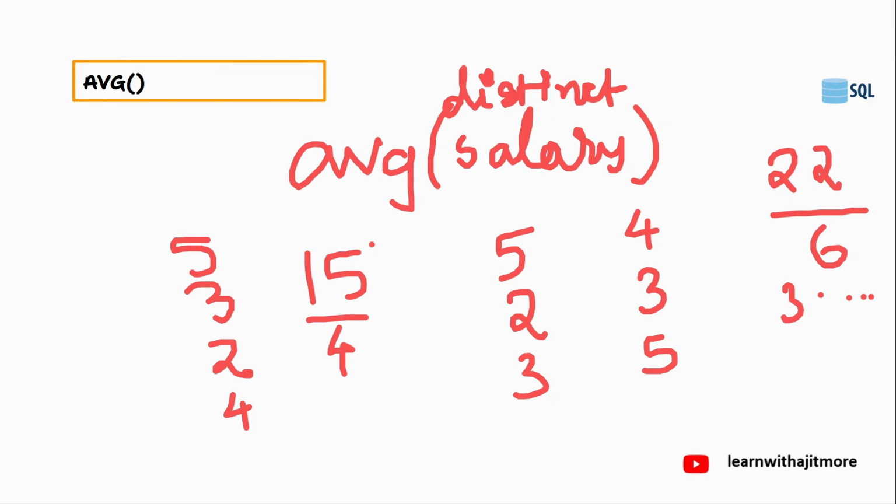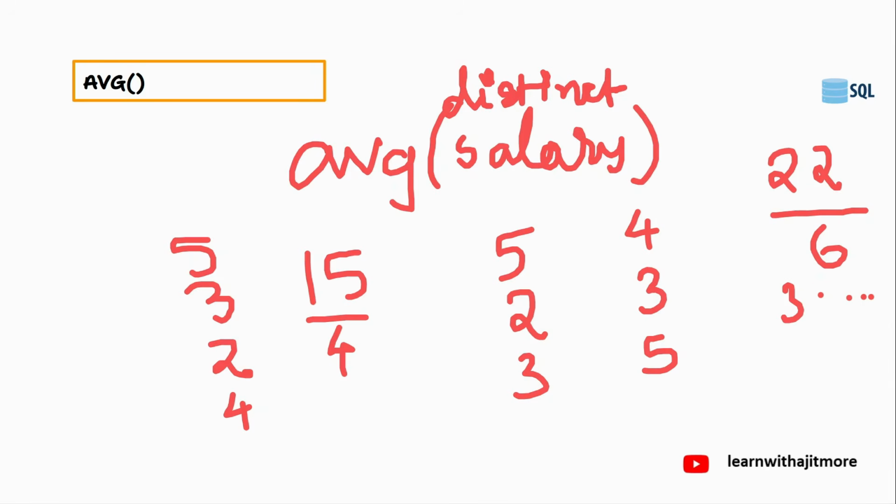Whether it is sales data, employee data, everything, they will provide sum of salary, average of salary. I think I have not seen anywhere something like sum of distinct salary.